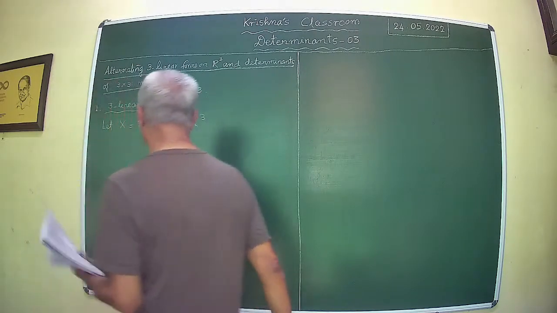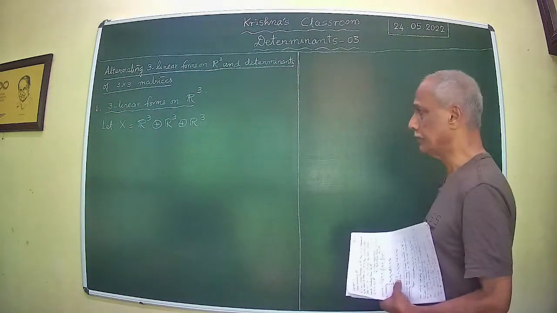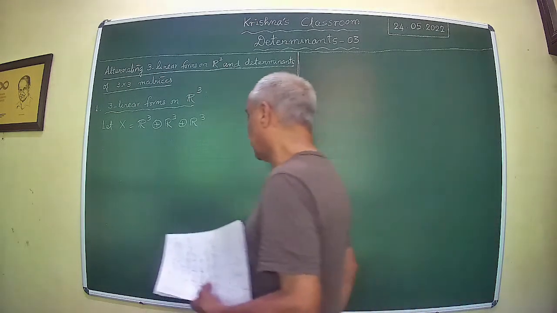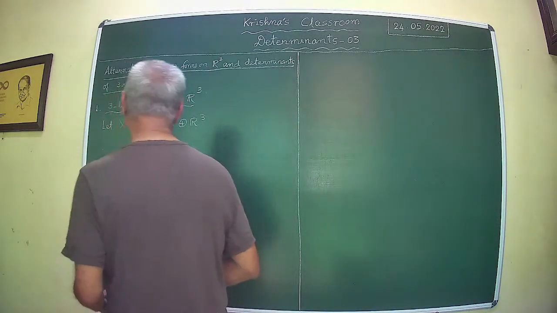Now this is a vector space. This is a vector space of dimension 3. Sorry, dimension 9. Okay.